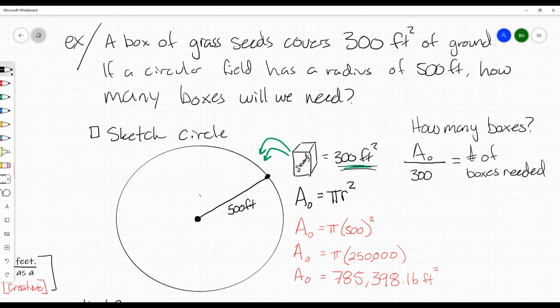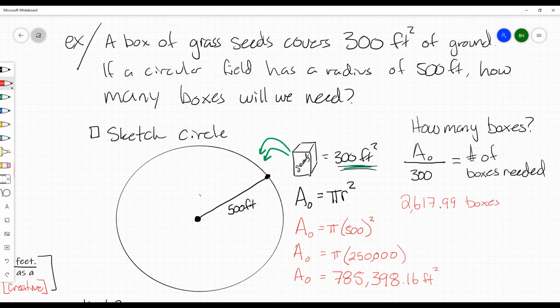So if we take 785,398 and divide that by 300, we end up with a value of 2,617.99.